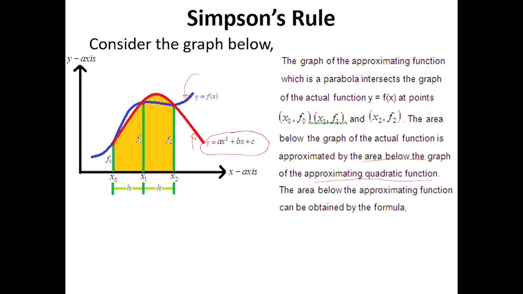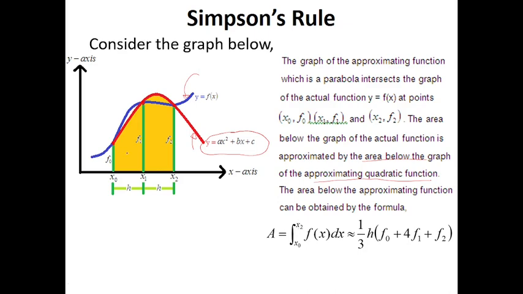So the area below the graph of this actual function, the blue curve, can be obtained from the area below the approximating function by the formula. This is Simpson's rule formula. The area is equal to the integral of f of x dx, with limits from x sub 0 to x sub 2.